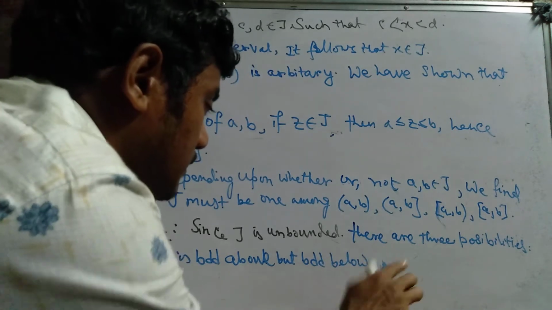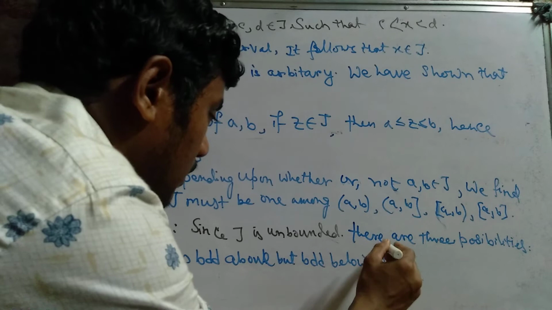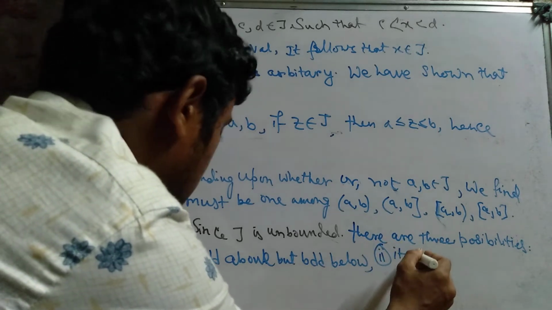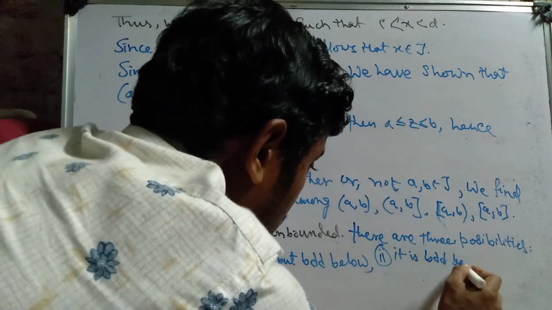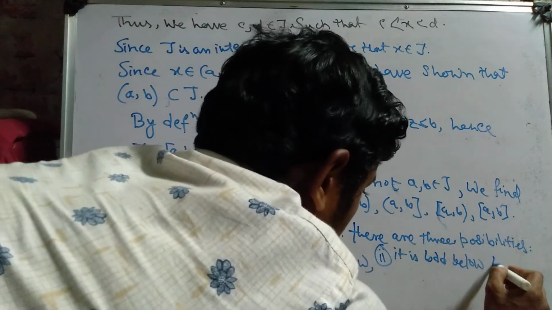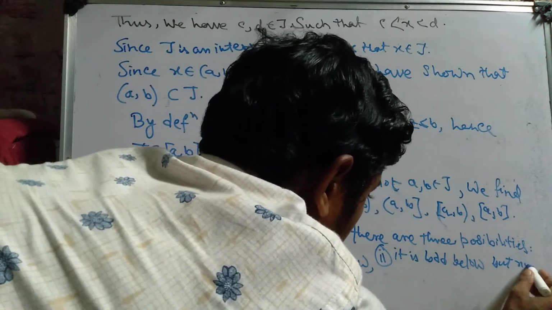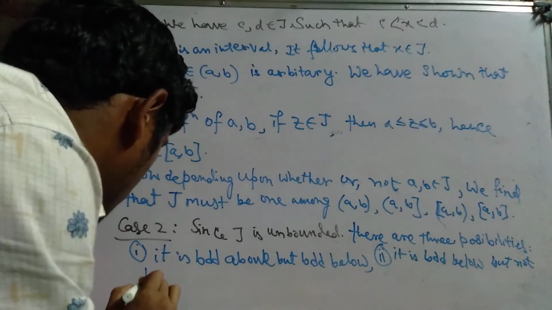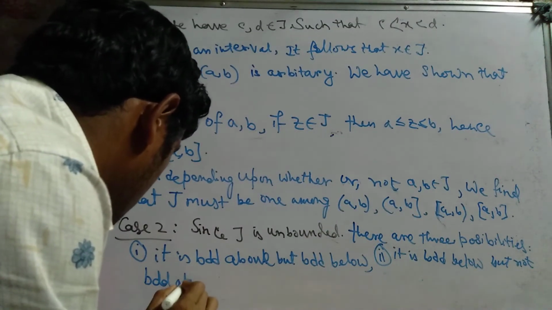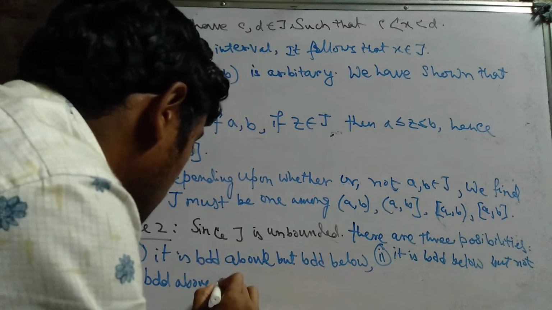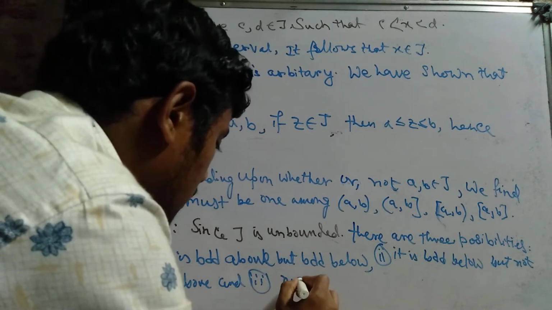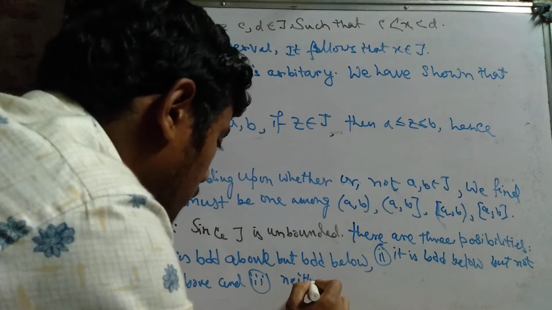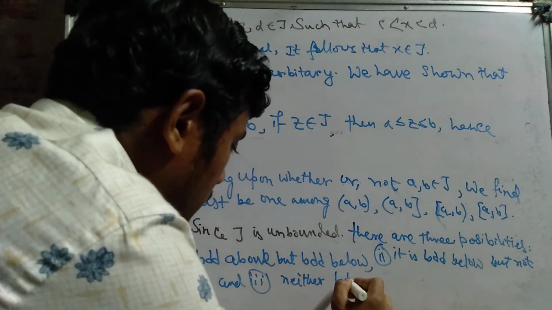Second one is it is bounded below but not bounded above. And the third one is neither bounded above nor bounded below.